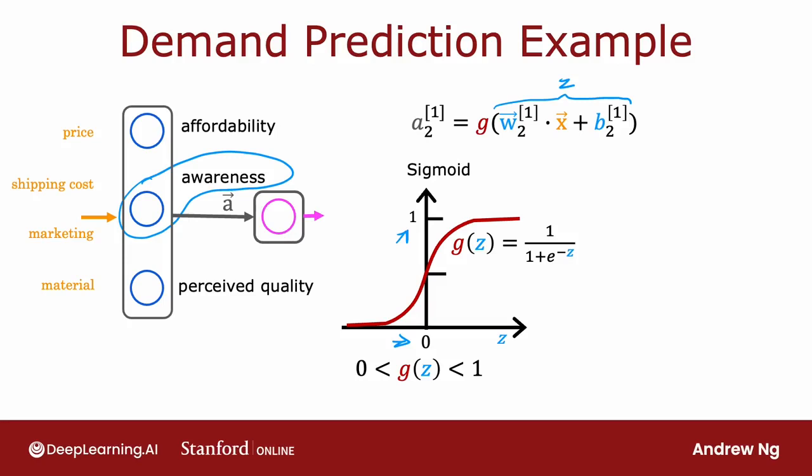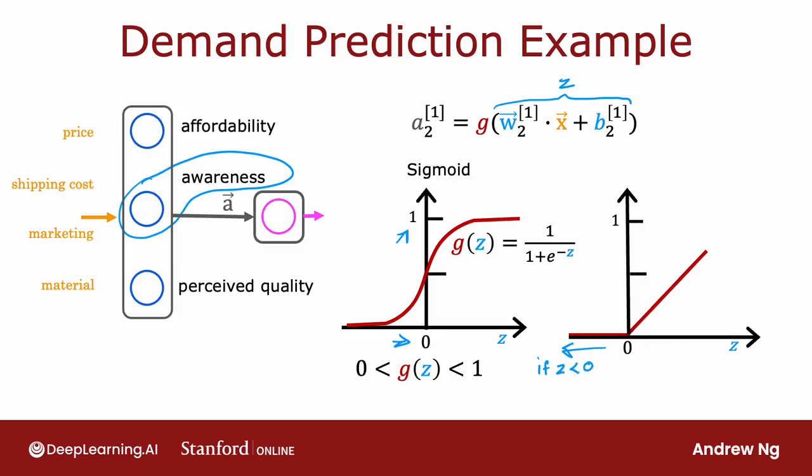It turns out that a very common choice of activation function in neural networks is this function. It looks like this. If z is this, then g(z) is 0 to the left, and then it's this straight line, 45 degrees, to the right of 0. And so when z is greater than or equal to 0, g(z) is just equal to z. That is the right half of this diagram.